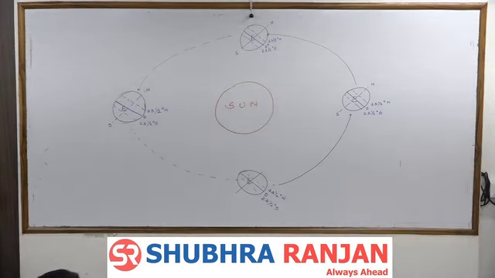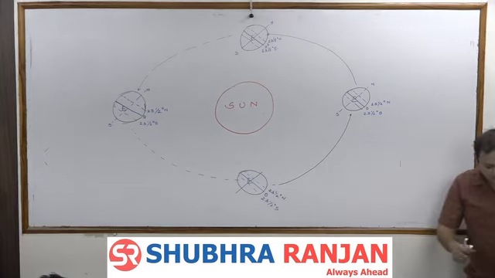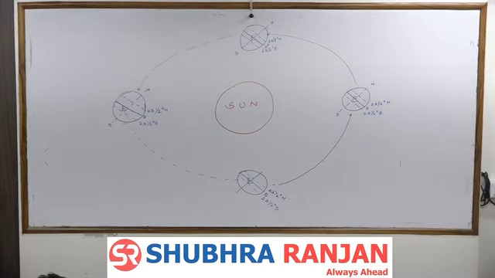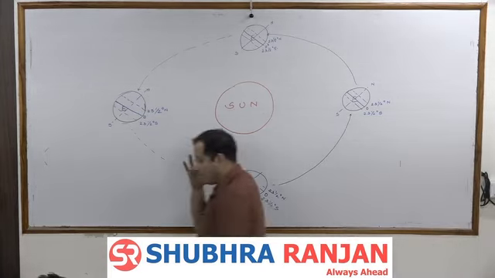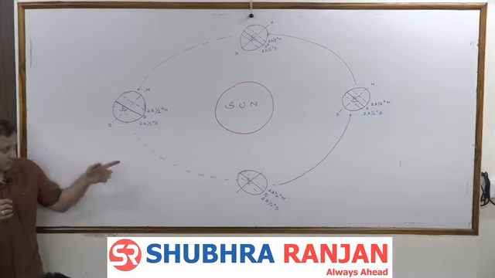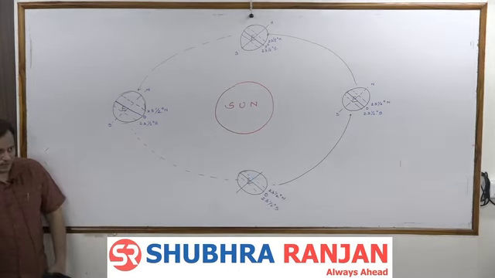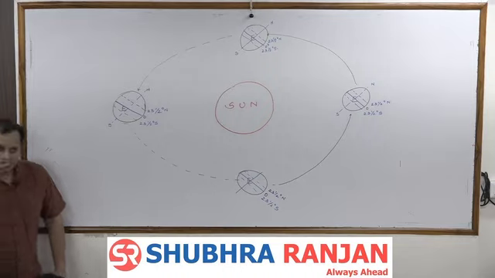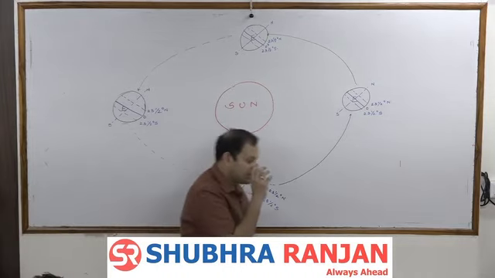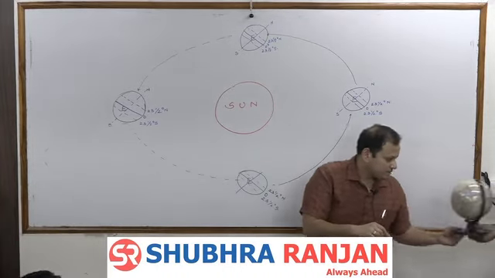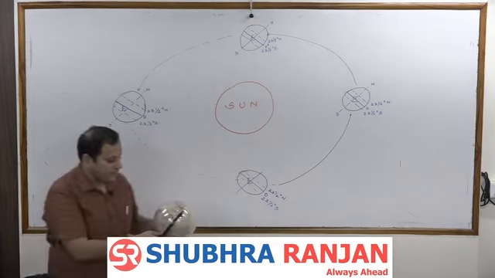Globe ले आना globe. So this is how the earth is revolving around the sun as well as it is rotating around itself. So this is the reason for the seasons. Now why the seasons?